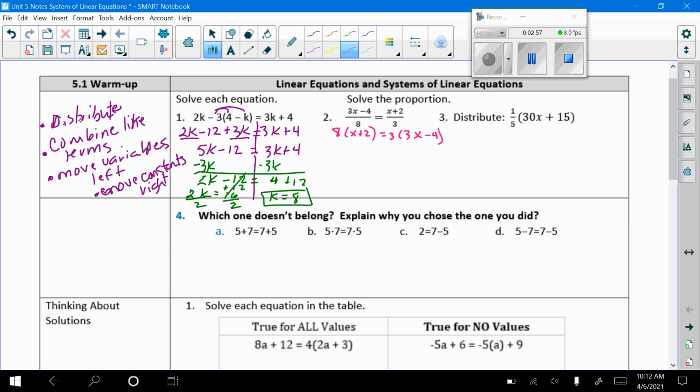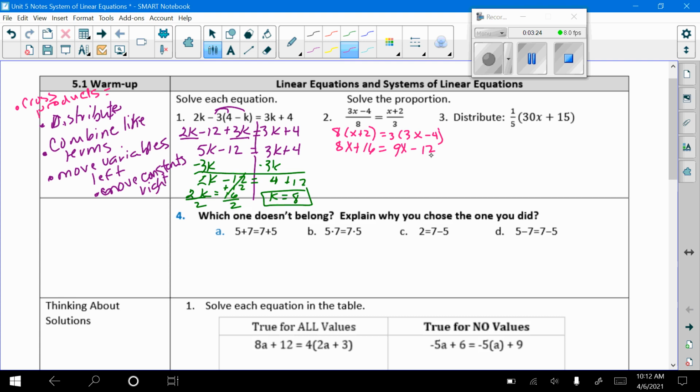Now I'm going to distribute, the same process. So I end up getting 8x plus 16 equals 9x minus 12.